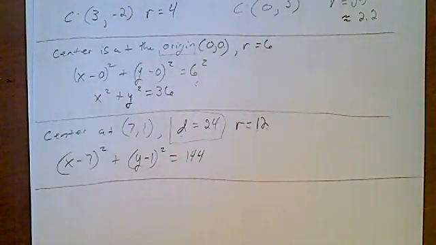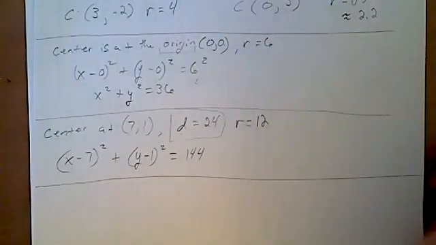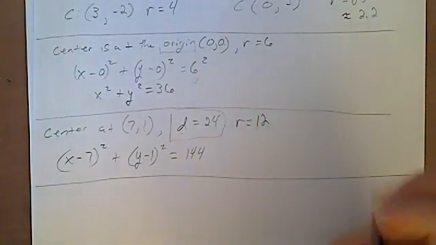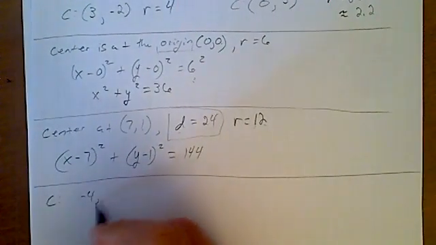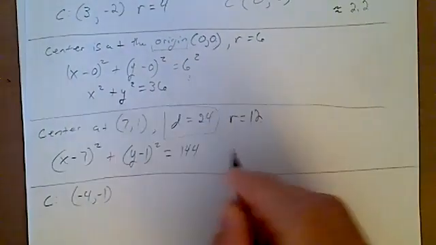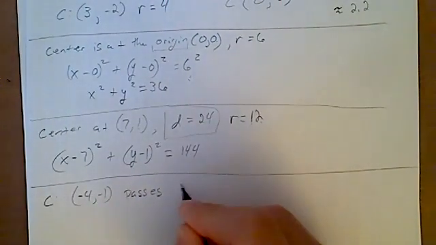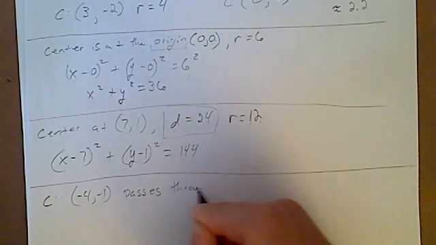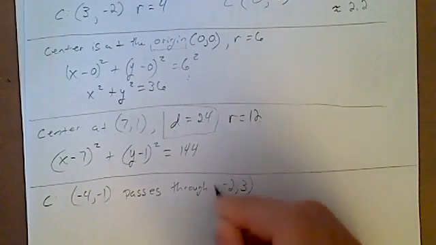Right, and the last one we're going to look at, though I don't think I'm going to give you any problems like this on homework and such, I think you should see it. So if we had a center at -4, -1, and it passes through -2, 3.